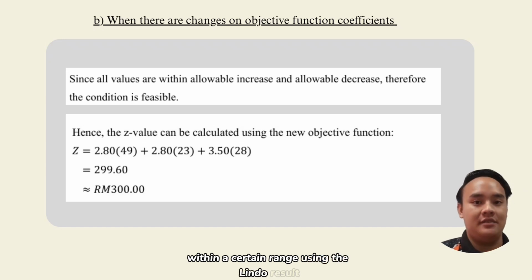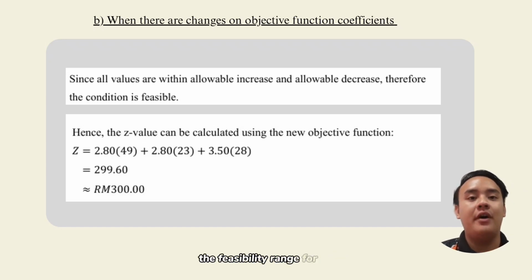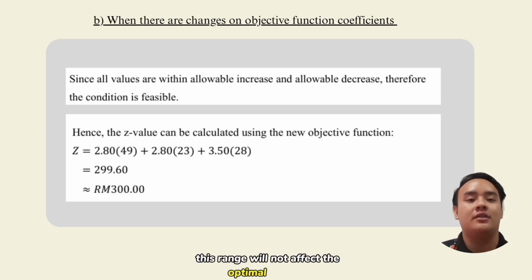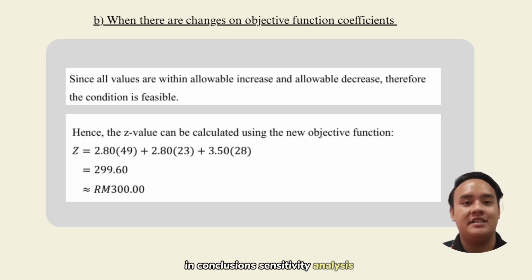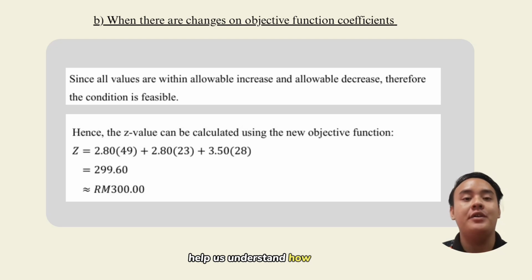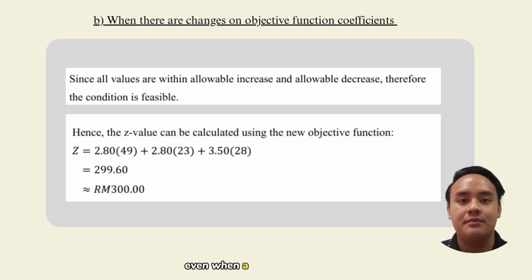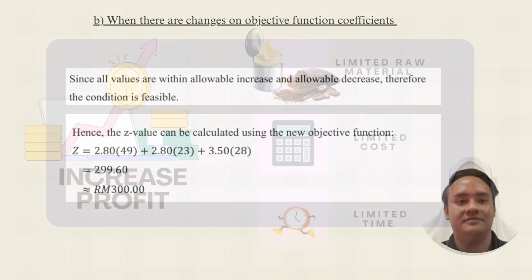Using the Lindo result, the feasibility range for the objective function coefficient is obtained. Changes within this range will not affect the optimal solutions. In conclusion, sensitivity analysis helps us understand how robust the model is. It ensures that the optimal solutions remain reliable even when small changes occur.